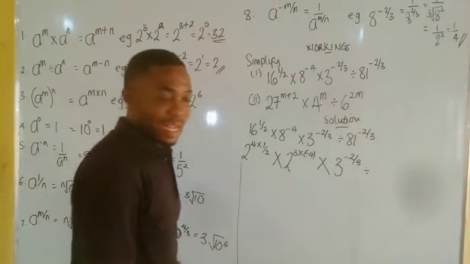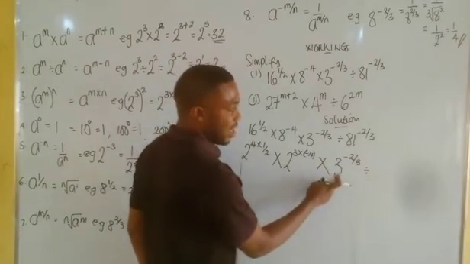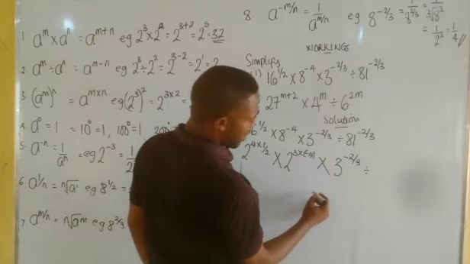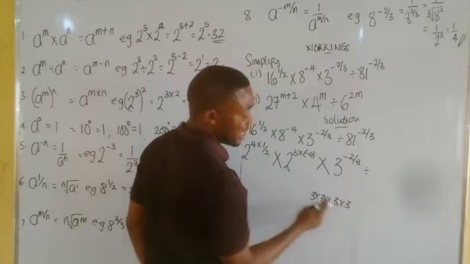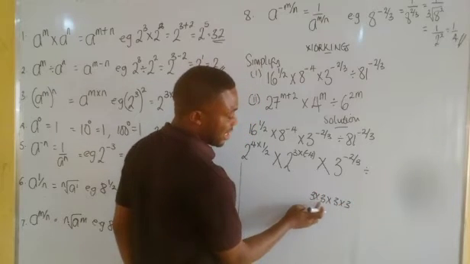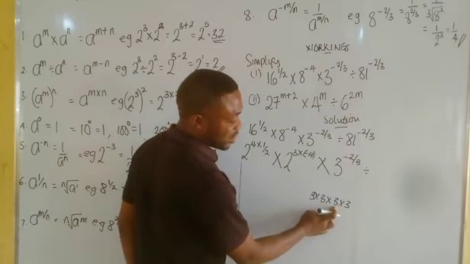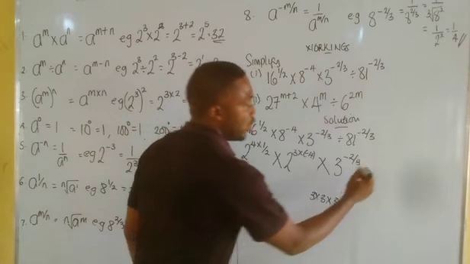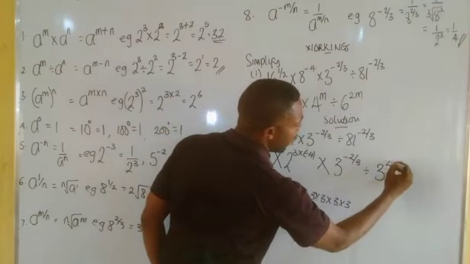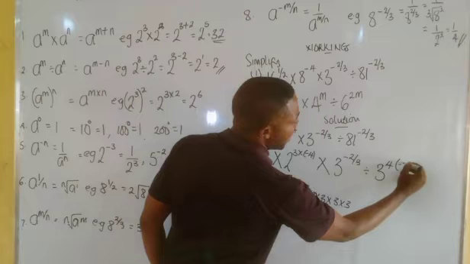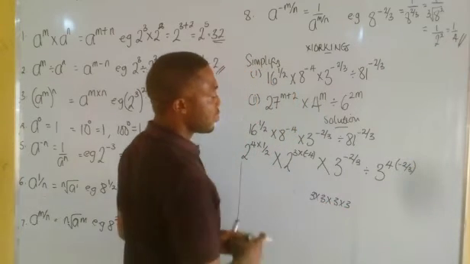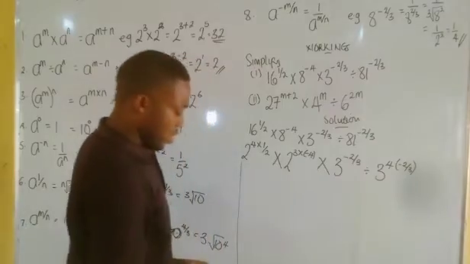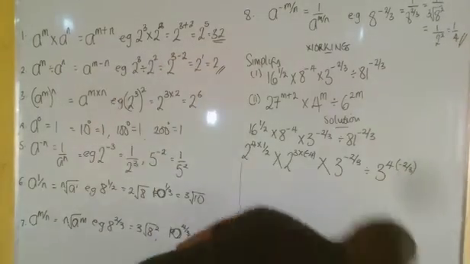Also, we can express it in terms of 3. 81 can be 3 times 3 times 3 times 3, that's 3 raised to the power 4. And 3 times 3 is 9, 9 times 3 is 27, 27 times 3 is 81. So it will be 3 raised to the power 4 multiplied by minus 2 over 3.